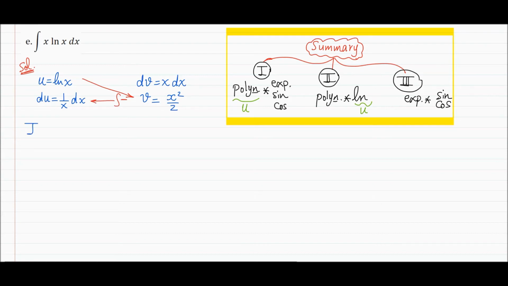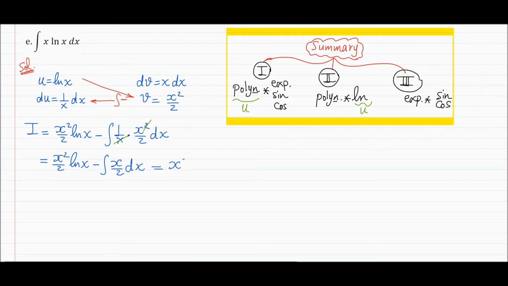So I will be equal to x squared over 2 ln x minus the integration of 1 over x multiplied by x squared over 2 dx. And for sure you can make a simplification. You can cancel this power with this x, so the problem will be only x squared over 2 ln x minus the integration of x over 2 dx, which is an easy integral.